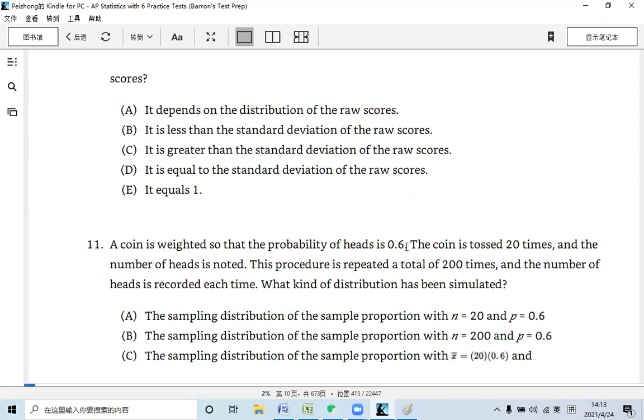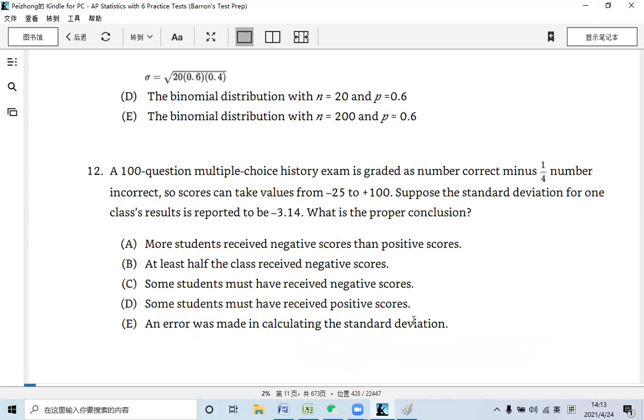Probability. Yeah, here's a p, probably this looks good. Sampling distribution, sample proportions, binomial distribution.